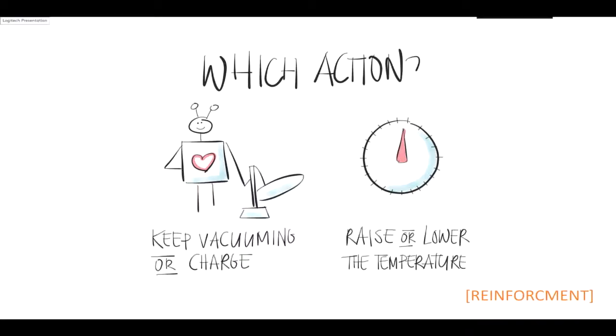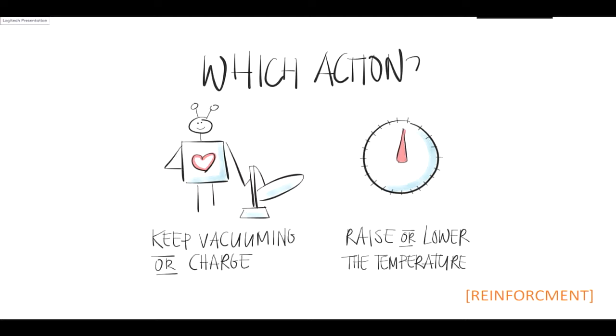And then finally, we have something called reinforcement learning. So reinforcement learning, if you think about it, is, for example, when you have a temperature system and you want to know if it should move the temperature up or down, or if you have a vacuum cleaner and you want to know if it should keep vacuuming or go back and charge.